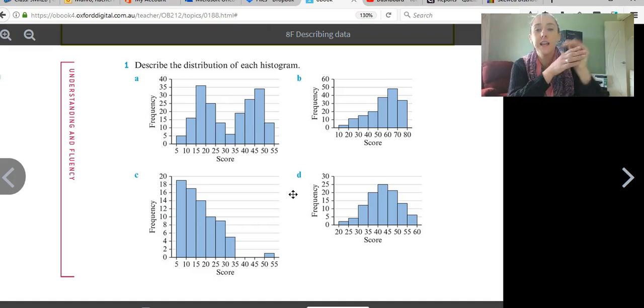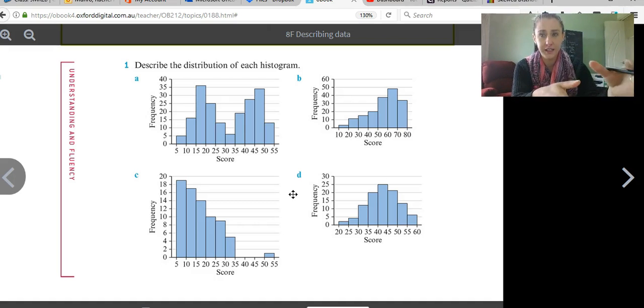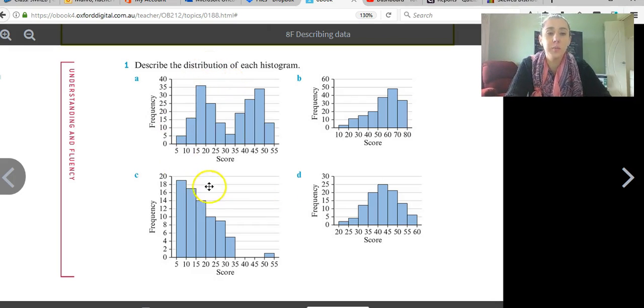So it's actually quite difficult data to look at, and you would want to break it up. But it's not negatively skewed or positively skewed or symmetric, it's bimodal. You'll probably look at that in more detail later on, but for now, just know that it's bimodal. Okay, so B.